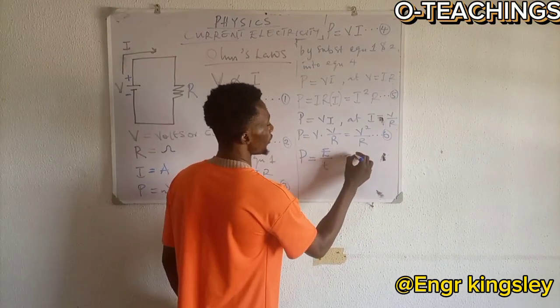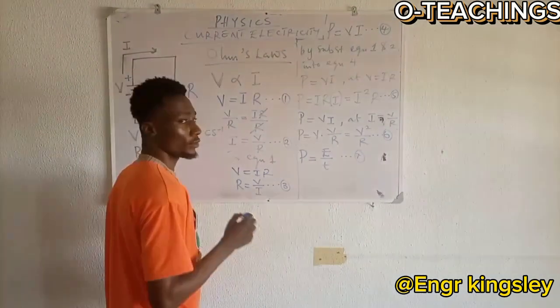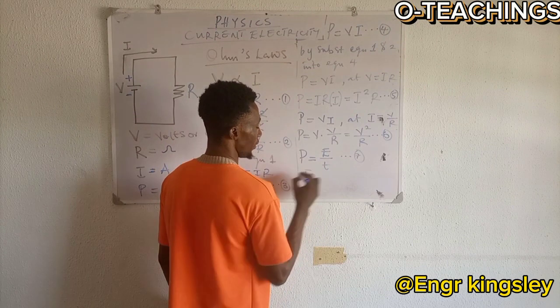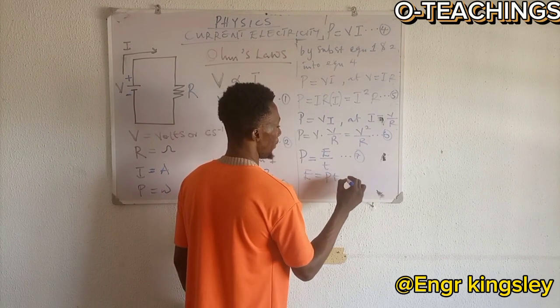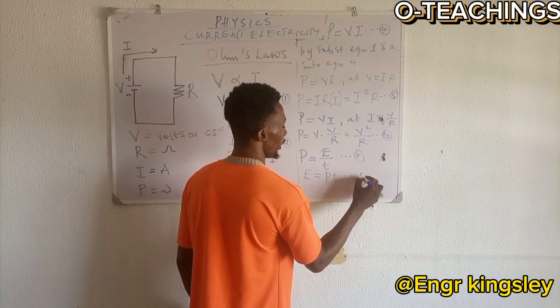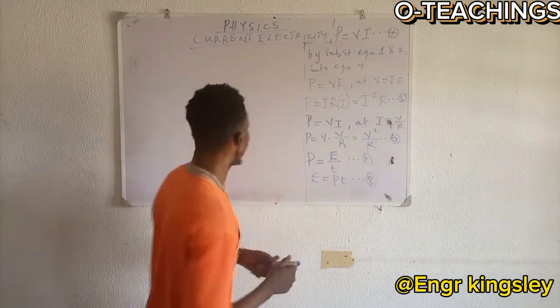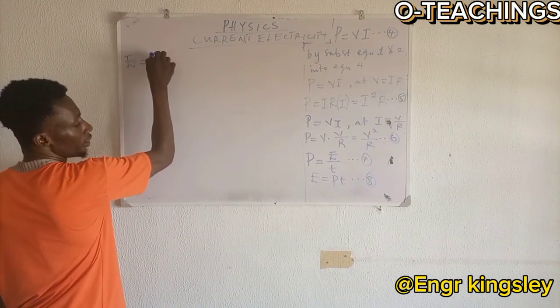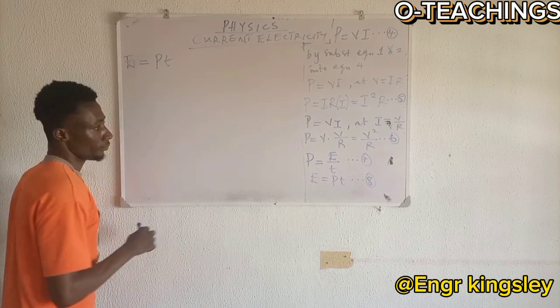If we decide to cross multiply, we have that energy is equal to power multiplied by time. Let me call it equation 8. From equation 8, energy is equal to power multiplied by time.